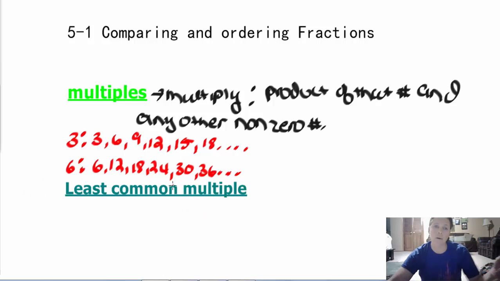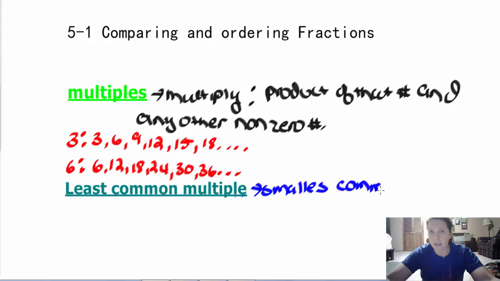Before we were doing the greatest common factor, well, we can't find the greatest common multiple. We'd go on forever. So we find the least common multiple, the smallest common multiple.